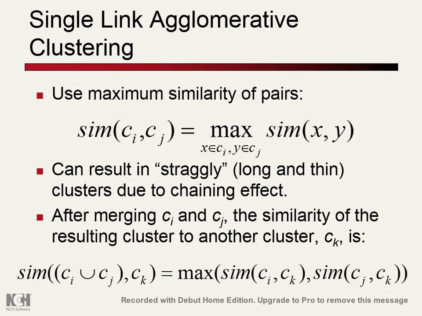Given 2 clusters like this, each cluster has a different number of data points inside it. Then single link means I have to check all the data between the 2 classes.